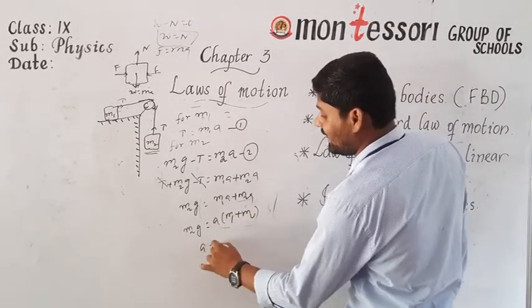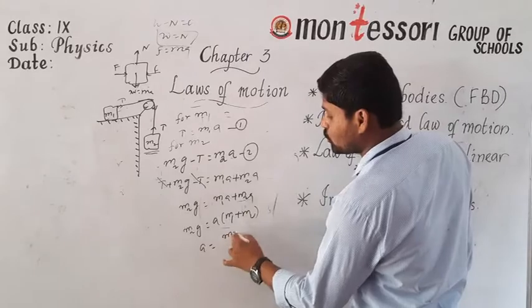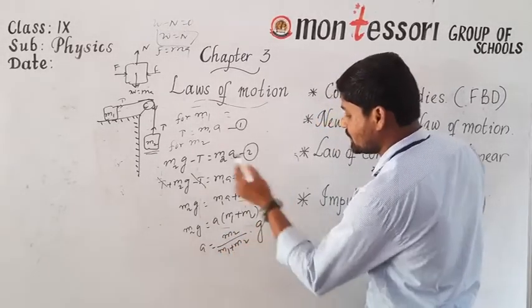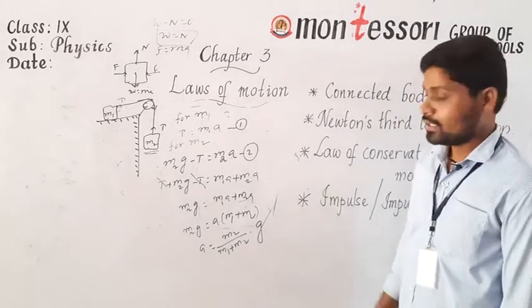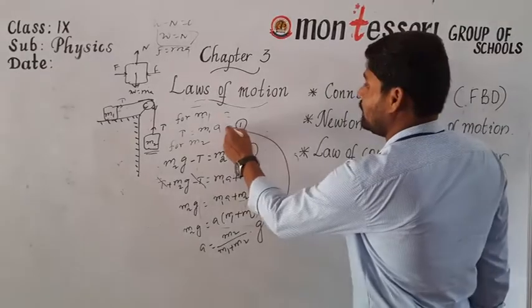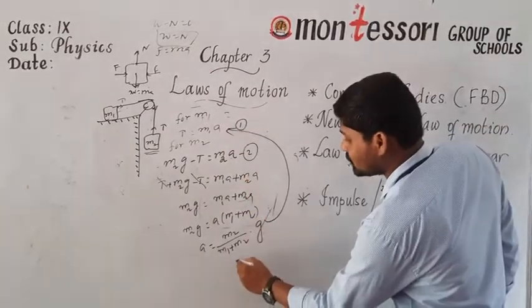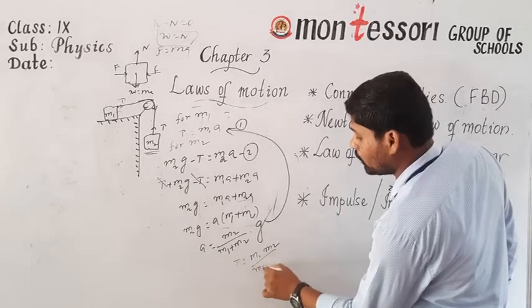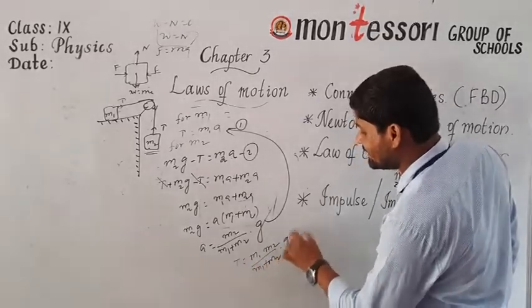Then A is equal to M2 by M1 plus M2 into G. If you substitute the acceleration in the first equation, you get the tension T is equal to M1 into M2 by M1 plus M2 into G.